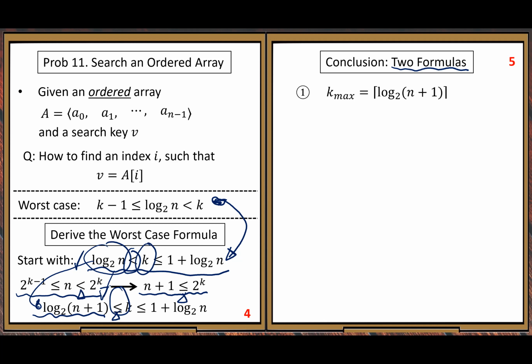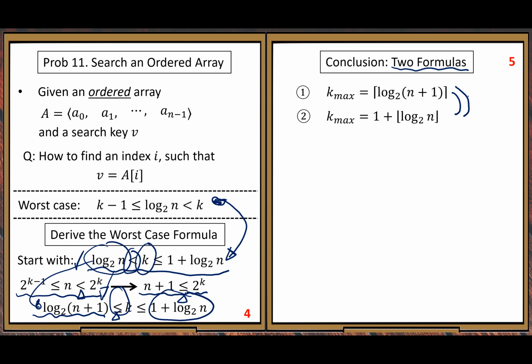But for the second formula, you use the rightmost expression, but you take the floor function. K-max equals 1 plus the floor function of log base 2 of n, and these two expressions are equal.